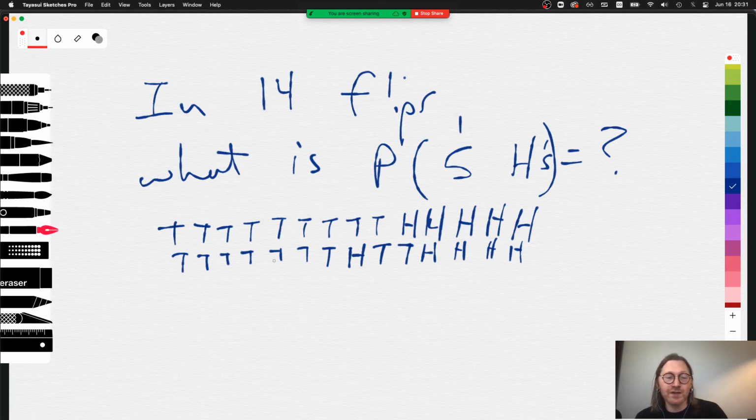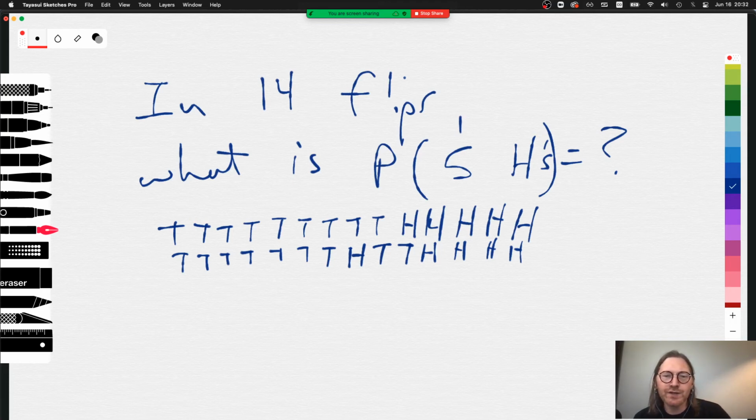We don't have a systematic way at this point of doing that. I'm going to show you a systematic way of doing that. We might even get into that a bit today, if we get that far. Ultimately, there will be a closed formula called the binomial formula that will allow you to answer that kind of question pretty easily.